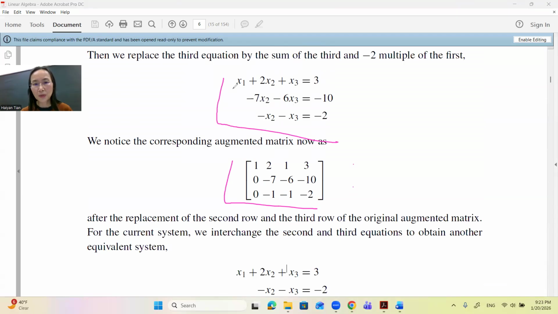You see, 1, 2, 1, 3, and 0 in front of x1, right? Because x1 is gone, so x1 has a coefficient 0. So 0, -7, -6, and -10, the right-hand side of the second equation. And then the third equation, 0 as a coefficient of x1, -1 coefficient of x2, -1 coefficient of x3, and -2.